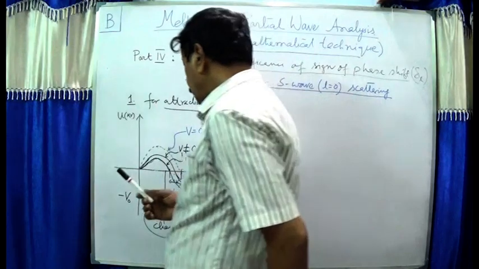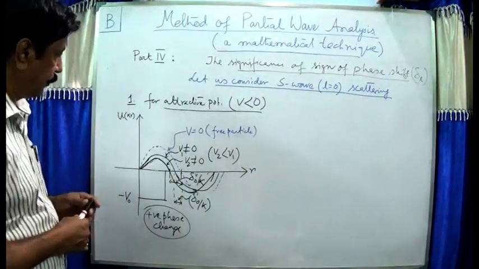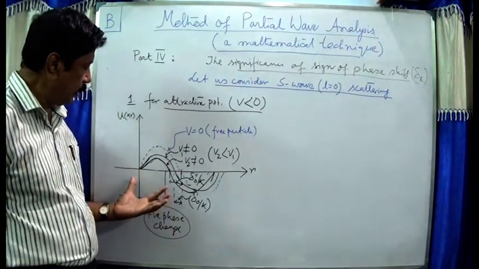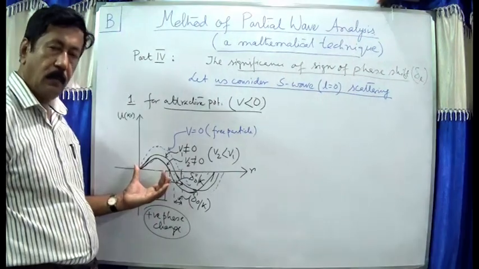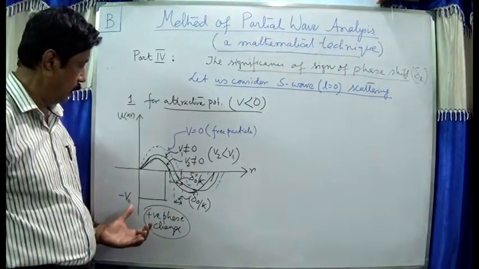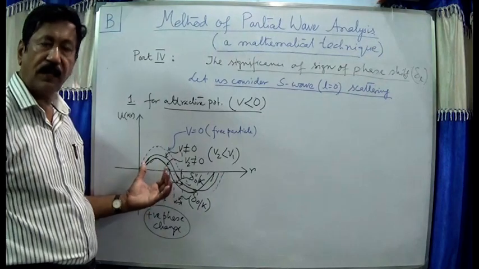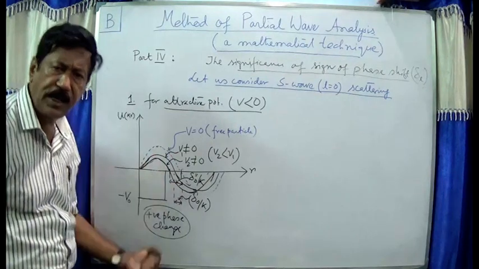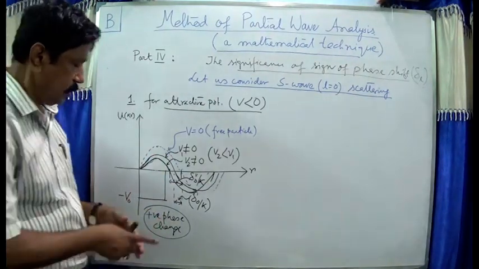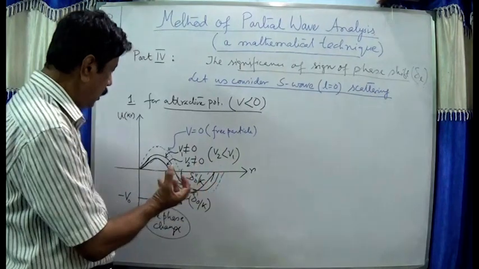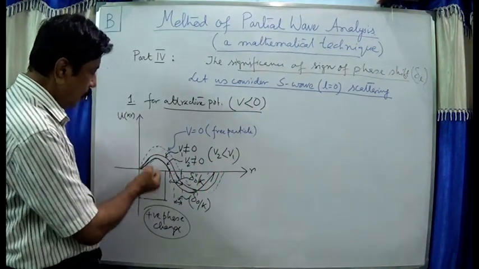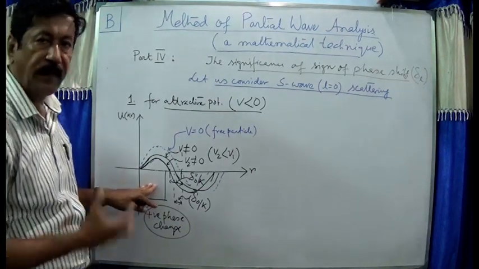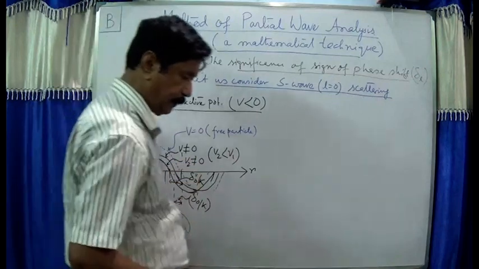So we can conclude that as the strength of the potential becomes more and more larger, the waves of the incident particle will be more and more pulled in, as if the waves will get attracted inside the potential, a pulling effect.